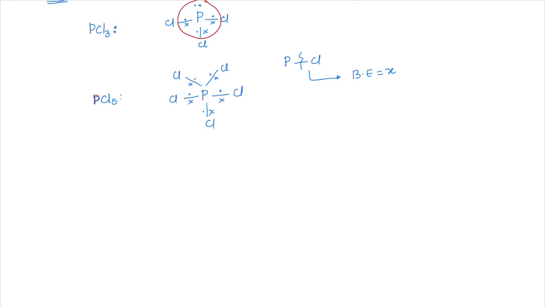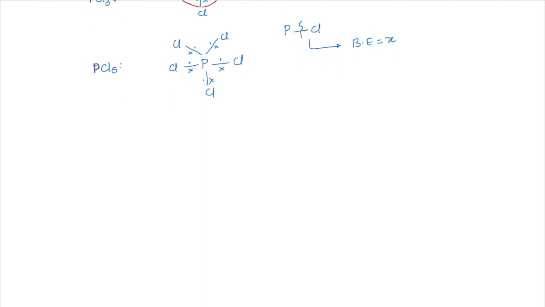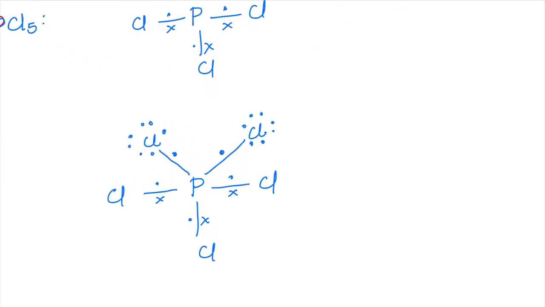Got it? Then he said it might be happening because P will try to follow the octet with at least 3 chlorines. With 3 chlorines, it is making a pure covalent bond like this. And with the 2 other chlorines, only phosphorus is sharing and not chlorine. Chlorine is not sharing at all. So it is like a coordinate covalent bond, but with only a single electron.